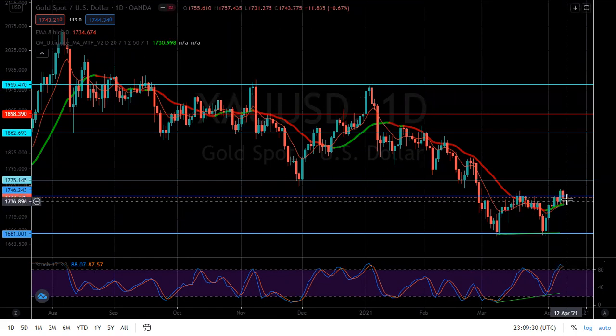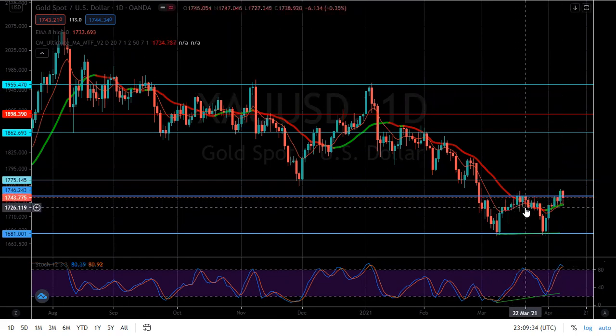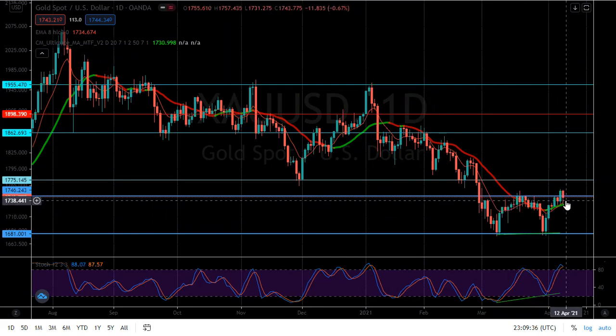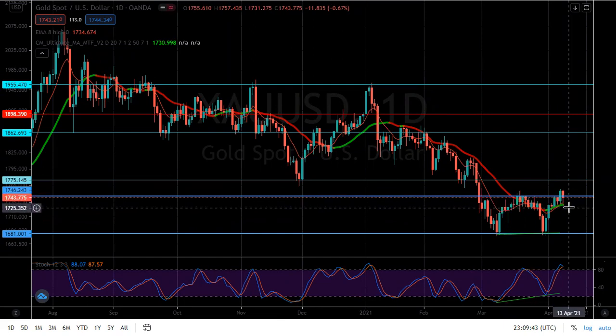What we have here is more like a piercing pattern around this area. Although we got some rejections from here, I want to see price come into the 1725 area. That's this zone here, and see how price reacts around here.